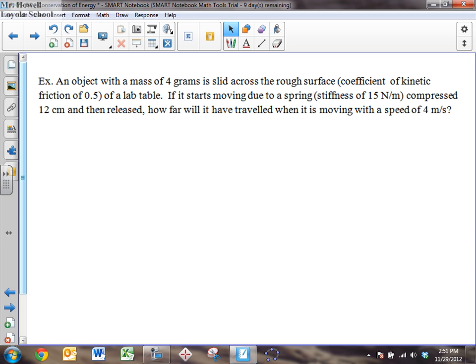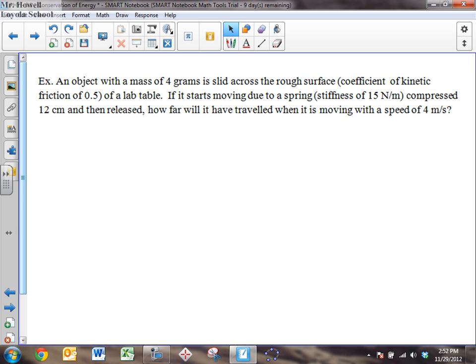the spring has a stiffness of 15 newtons per meter. So again, if it starts moving due to a spring that's compressed 12 centimeters, so imagine you take a spring, compress it with an object at the end, and then it's released.